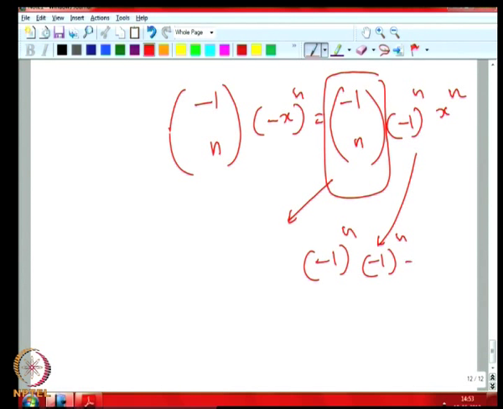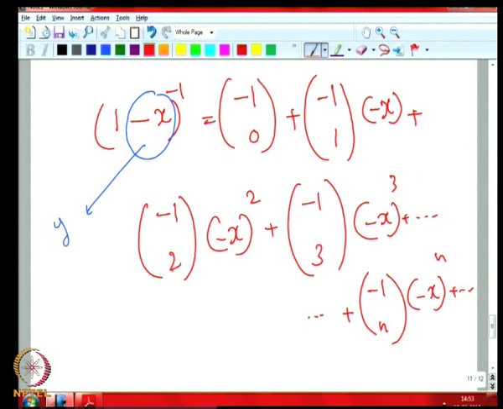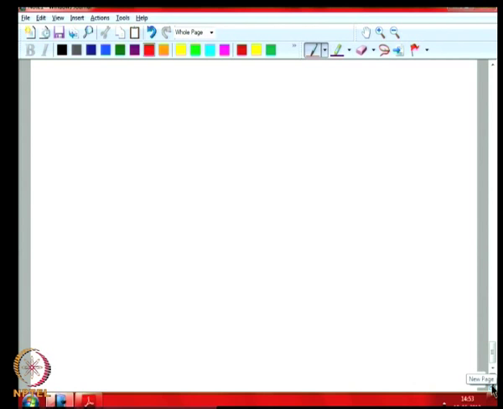This will become minus 1 to the power 2n, which is always 1. So there will not be any coefficient now, we will just get x raised to n. So going back to this formula, all these things will go away, it will just be 1 by 1 minus x, which is 1 plus x plus x square plus and so on.